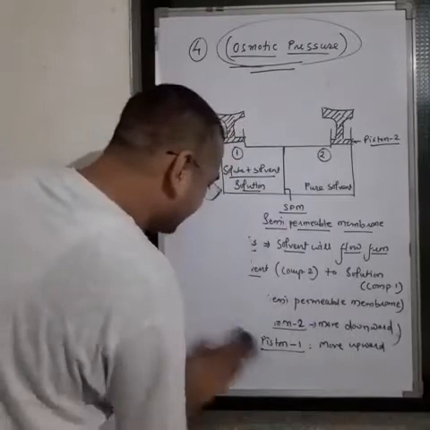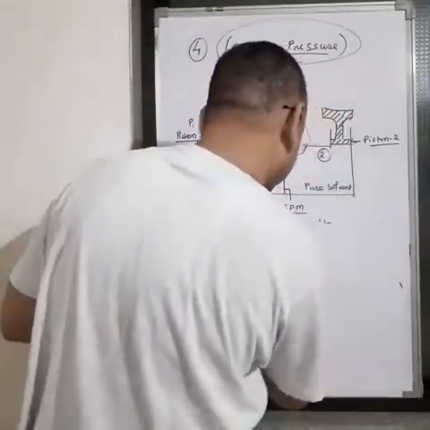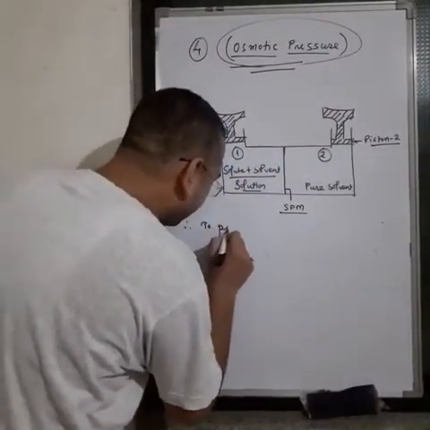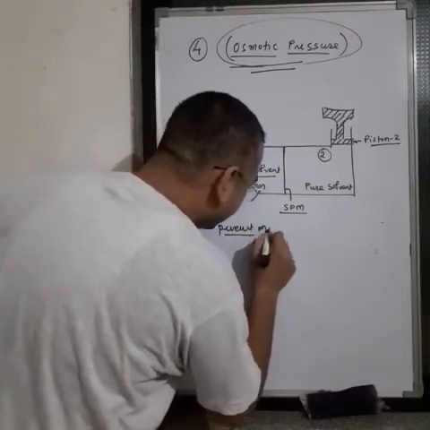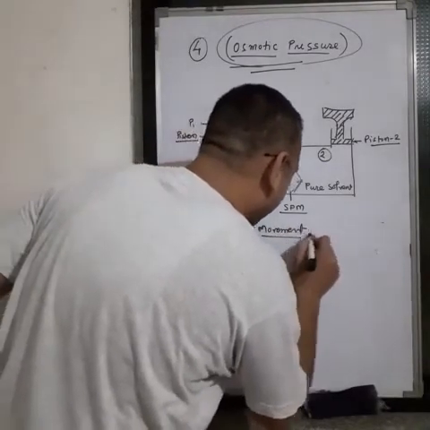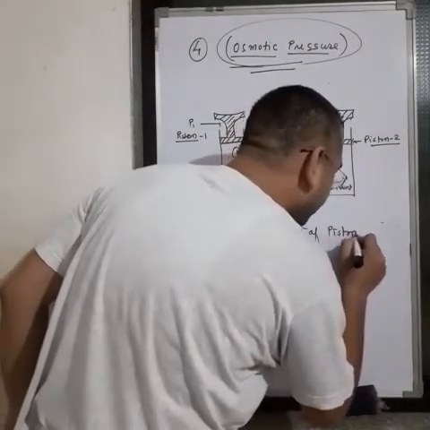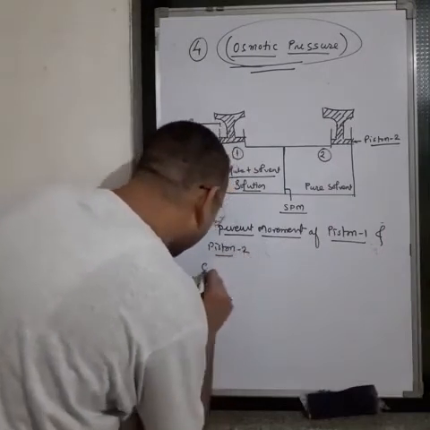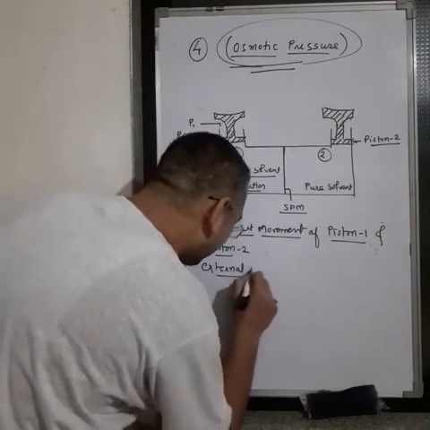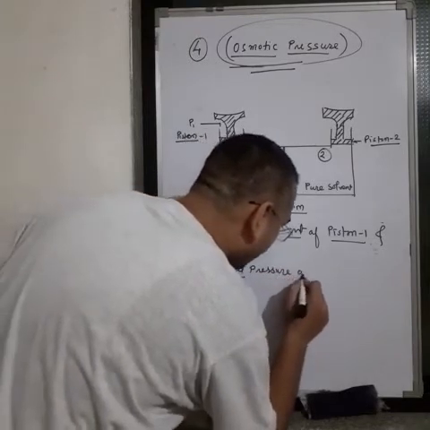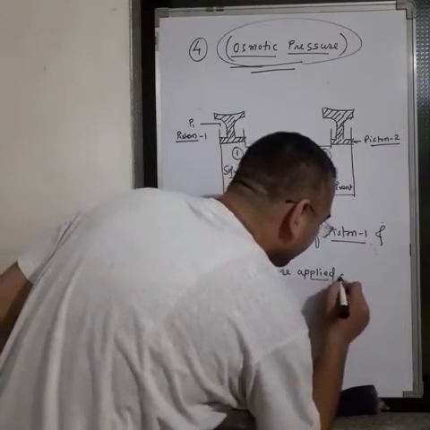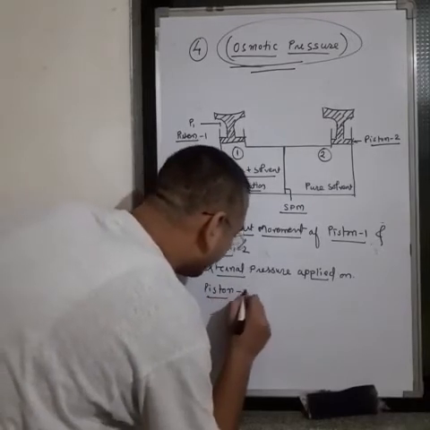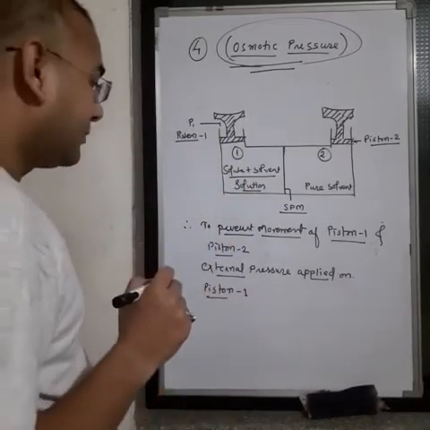Let's study it. So, to prevent movement of piston 1 and piston 2, external pressure is applied on piston 1.